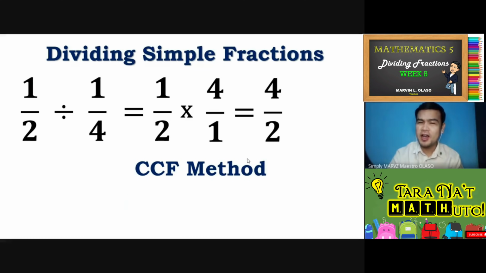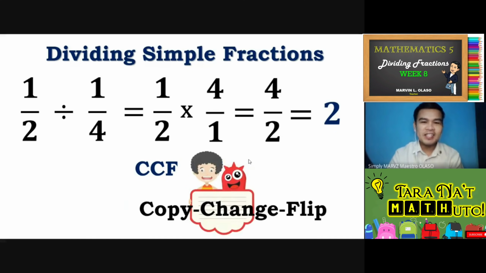Is there a remainder? Wala. Kung wala, means our final answer is whole number 2. Di ba? 1 half divided by 1/4 is equal to 2. Again, always remember the method. CCF method means copy, change, flip. Tandaan yan.